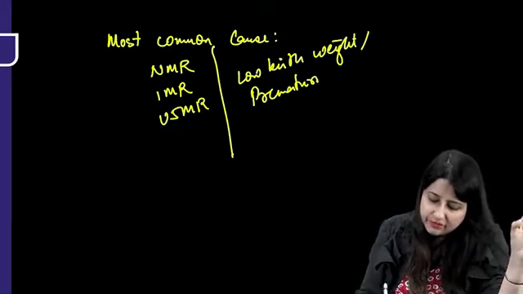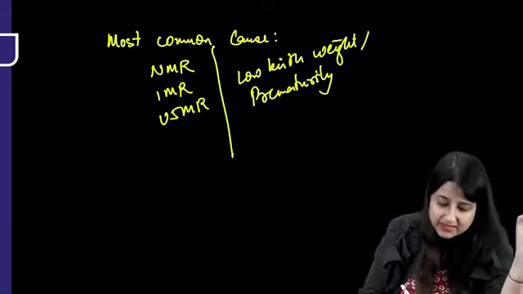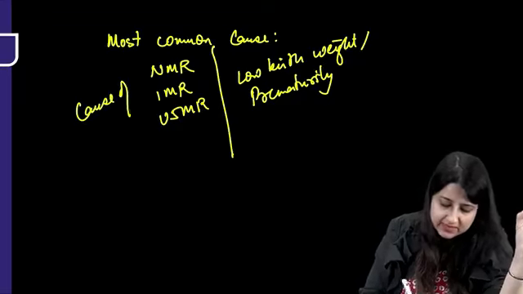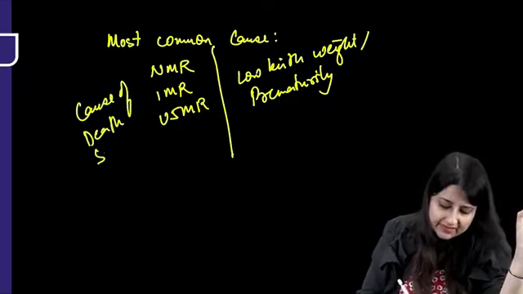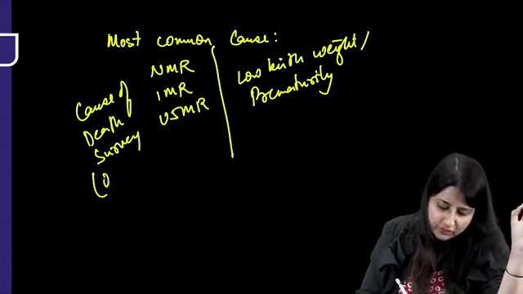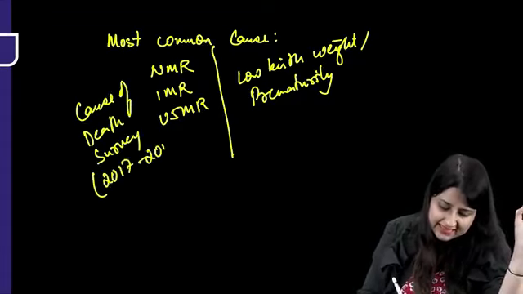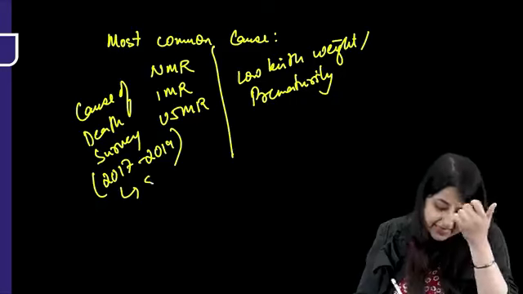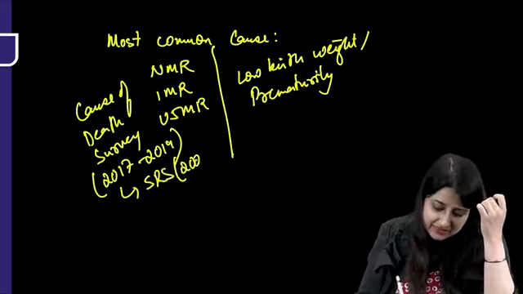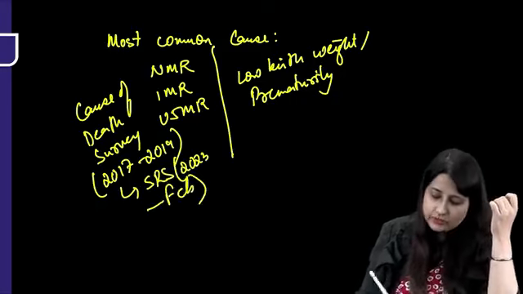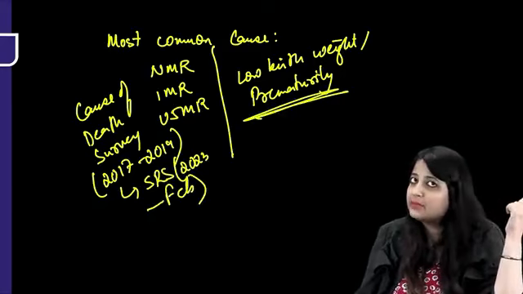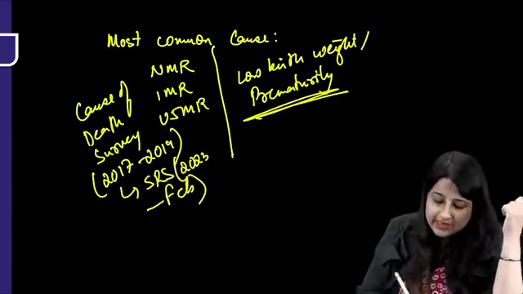That's what your textbook of Park also mentions. And there was a cause of death survey which was done for 2017 to 2019. The data got published by SRS in February 2023. According to that, it is this low birth weight and prematurity. But I would also like to tell you something.